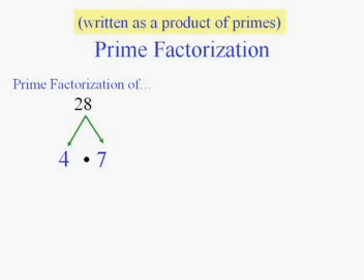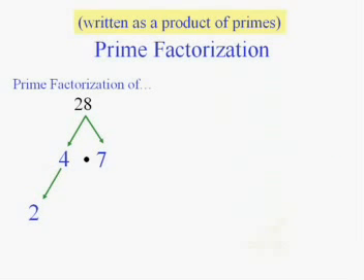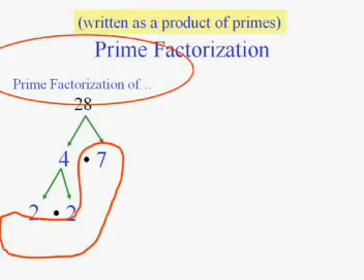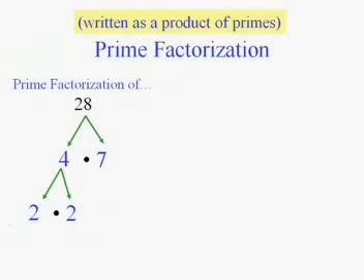Now I'm not done yet, because 4 breaks up further into 2 and 2. So the prime factorization, you always put them in numerical order, by the way, is 2 times 2 times 7. That is the prime factorization of 28.